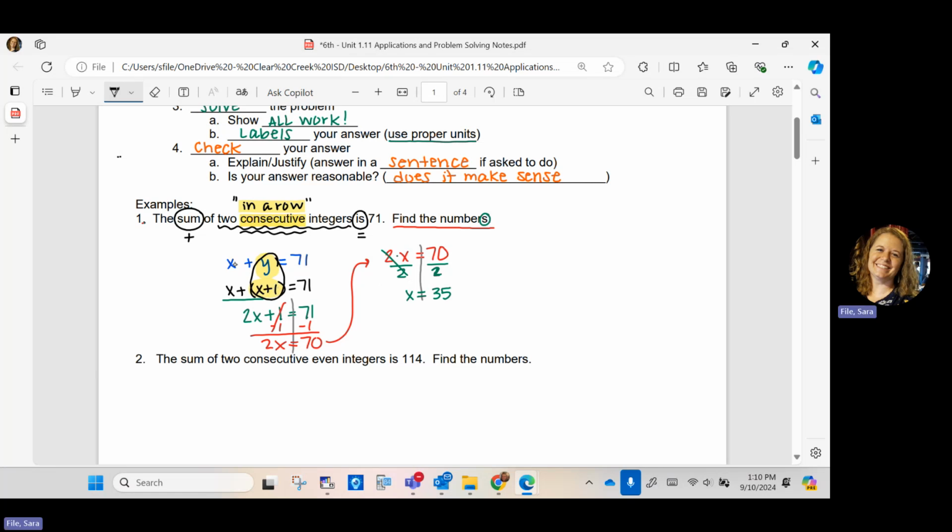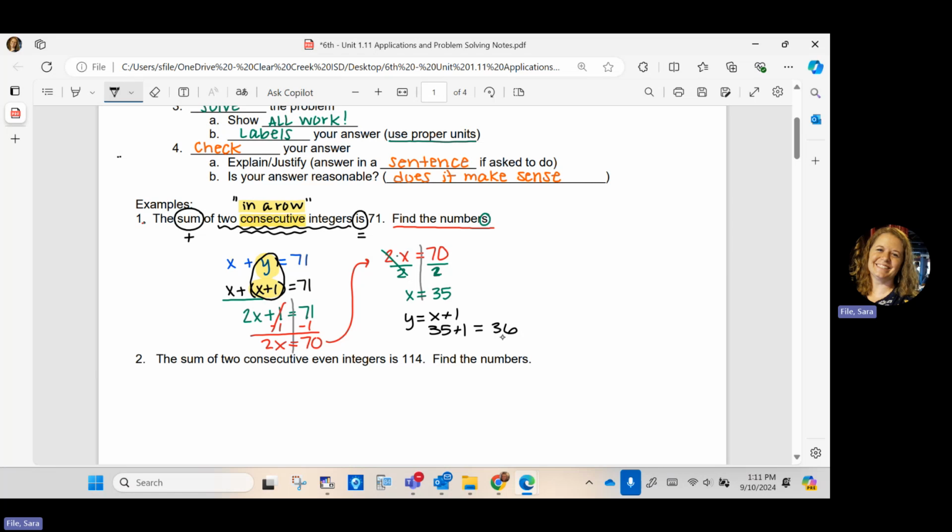So we got that X is 35, and we said that Y is X plus 1. So it's going to be 35 plus 1. A lot of you don't have to show this part. You will understand it's one more, so it's going to be 36. So 35 and 36 are consecutive.